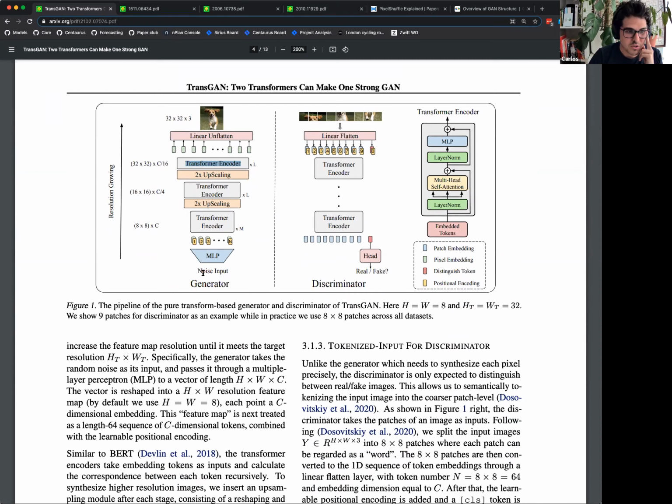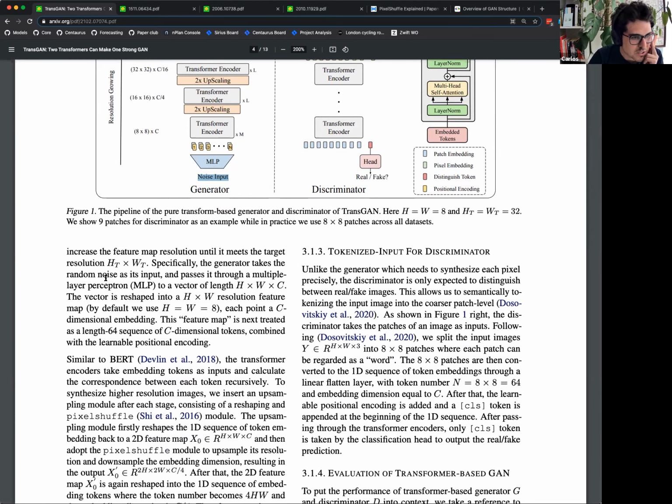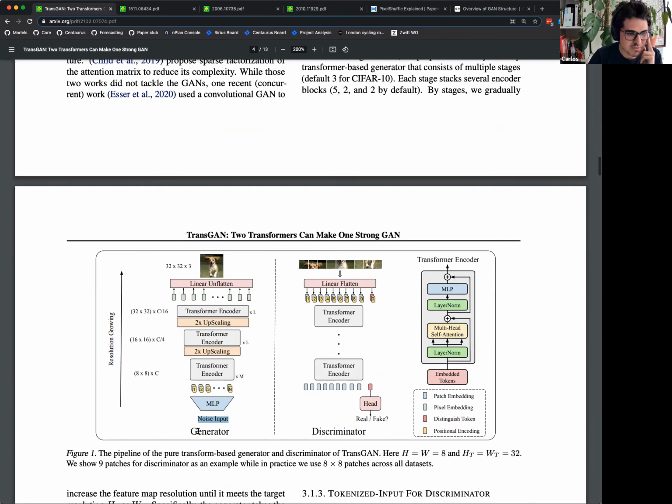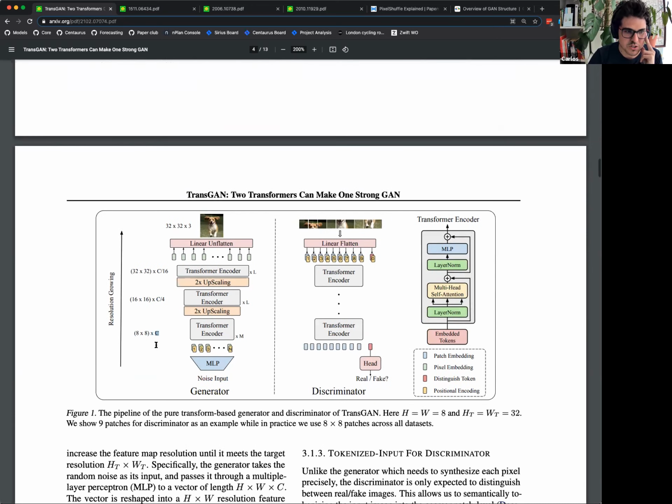So what you have is you have your noise input, which is of dimensions, what are the dimensions? I think it's 8 by 8. Well, they have a given dimension, and then you have this 8 by 8 by C. So C is just an arbitrary vector, which you just need to make it such that these divisions are possible.